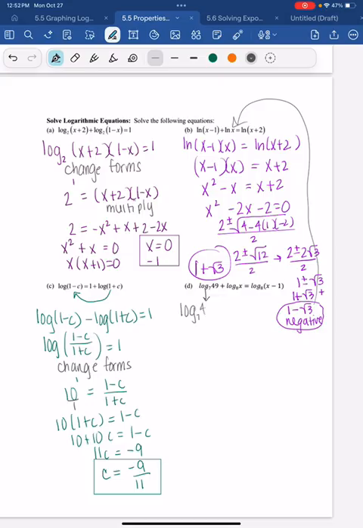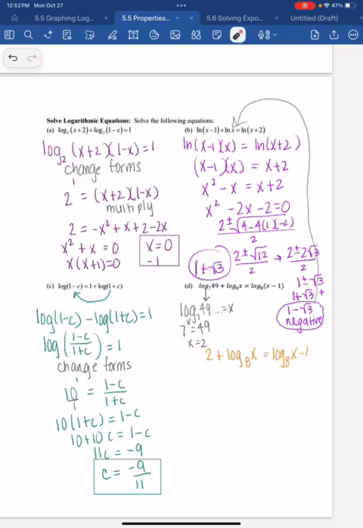The log base 7 of 49, set it equal to x. X is 2. So the log base 7 of 49 simplifies to 2. So this becomes 2 plus the log base 8 of x equals the log base 8 of x minus 1.